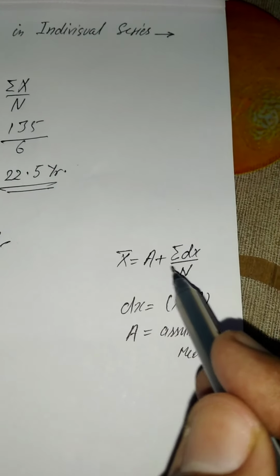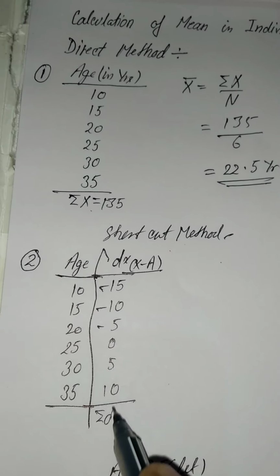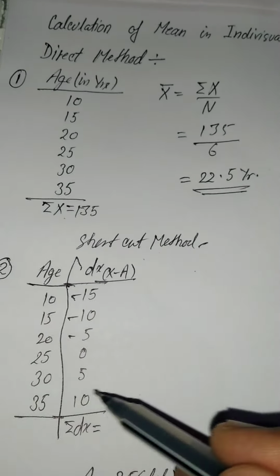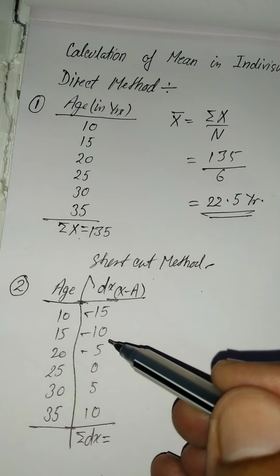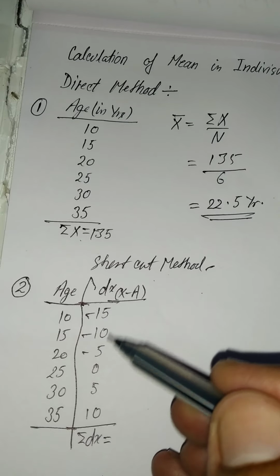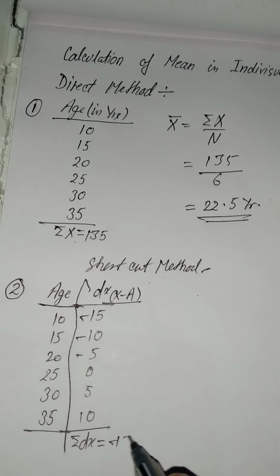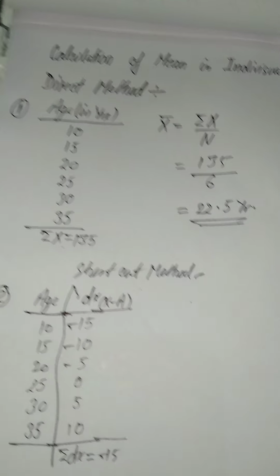Now, as per the formula, we will calculate sigma dx. Value of sigma dx is equal to 10, 5, 15. So 15 will be cancelled, and minus 15 will be the value.